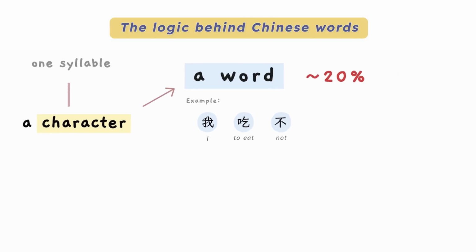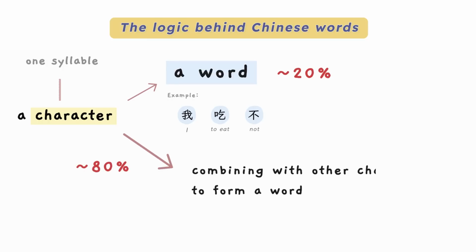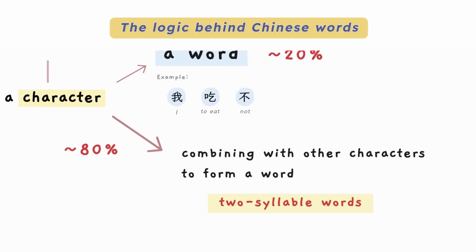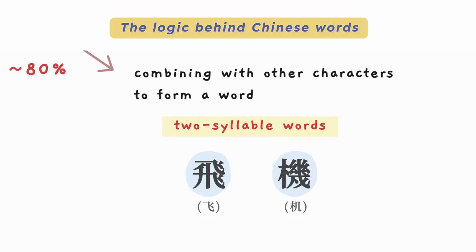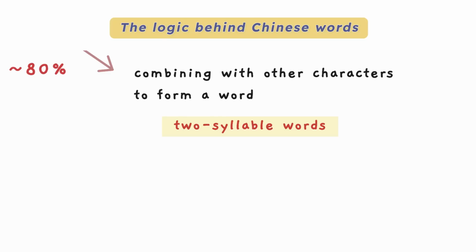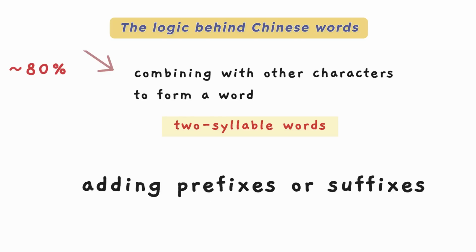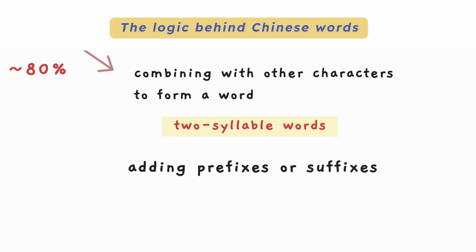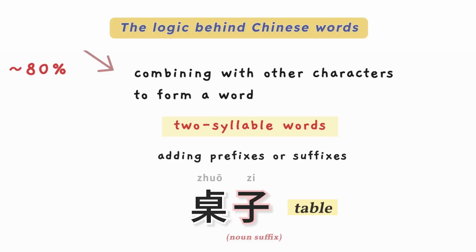The other 80% are formed by combining syllables, most of which being two-syllable words. Often, each syllable has its own meaning, as in 飞机, where fly plus machine expresses airplane. Some two-syllable words are formed by adding prefixes or suffixes to root words, like 桌子, table.